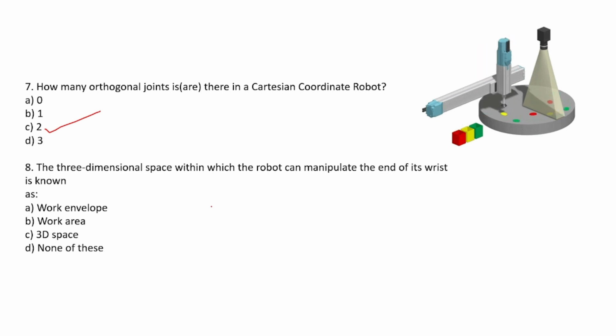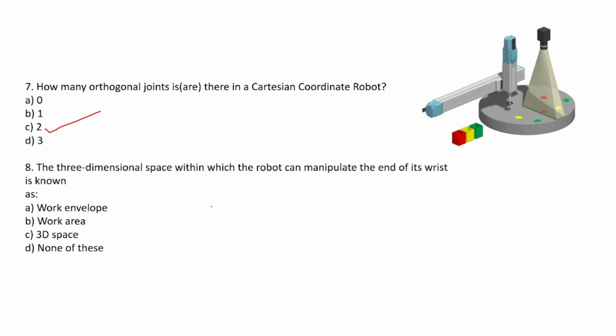So coming to the next part, that is wrist configuration. Basically the wrist assembly, we have seen roll, pitch and yaw initially in the initial slides.